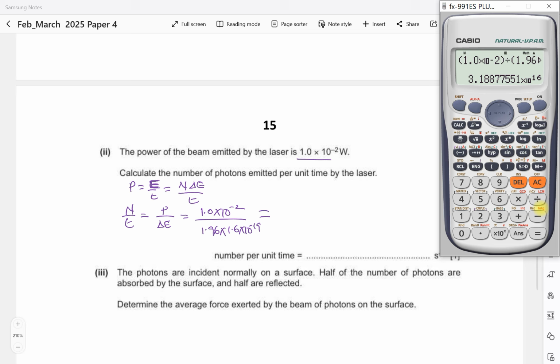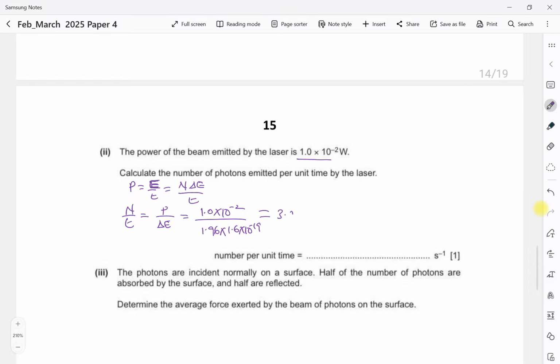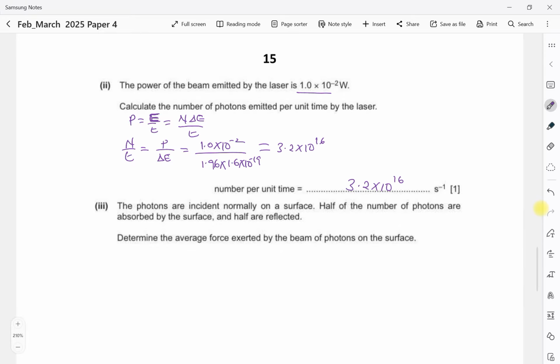That is 3.19 or 3.2 times 10 to the power of 16. So I'll write here 3.2 times 10 to the power of 16 per second.